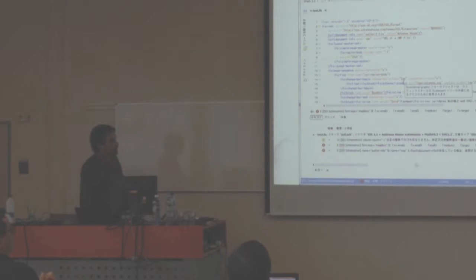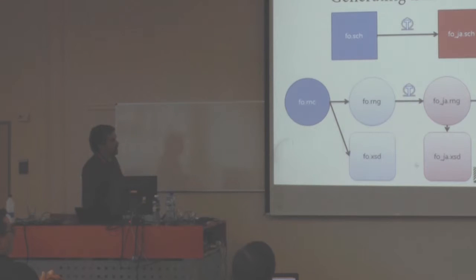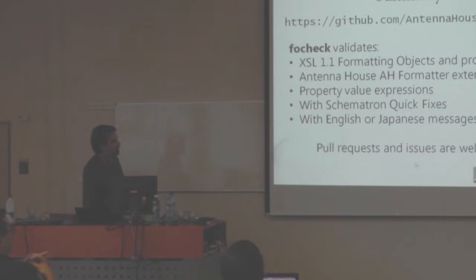Can you go back to the slide, the last one before questions? Antenna House format and extensions in focheck. So it means other FO generators who don't have the extensions in, let's say FOP.